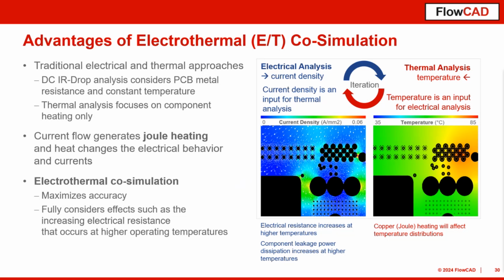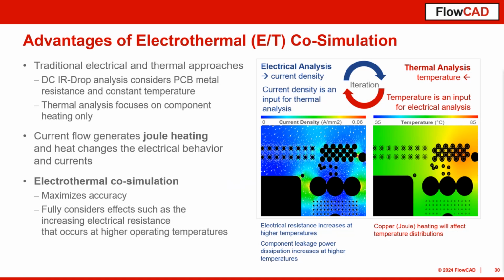In principle, it goes like this: you first calculate the IR drop, and the IR drop, as we have seen, creates a current density in your copper phases. This current will now be used as an input parameter for calculating the temperature. Once this is done, the temperature is calculated. It changes maybe from the ambient temperature to a certain temperature with the first run of those currents that have been used.